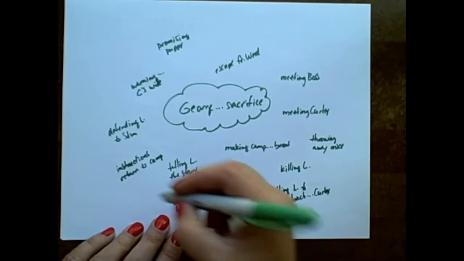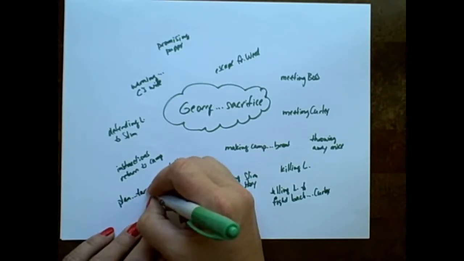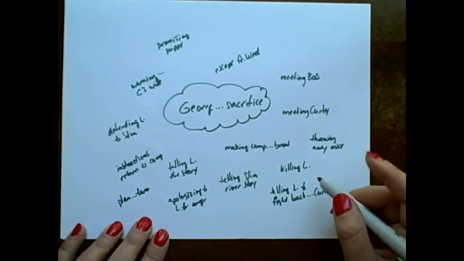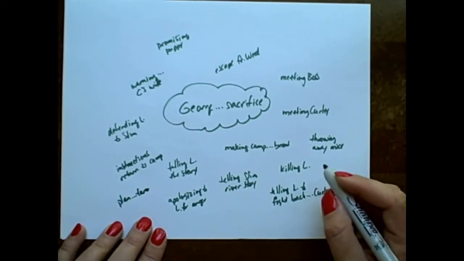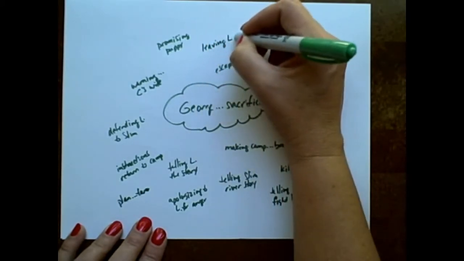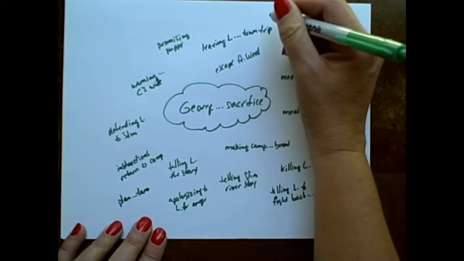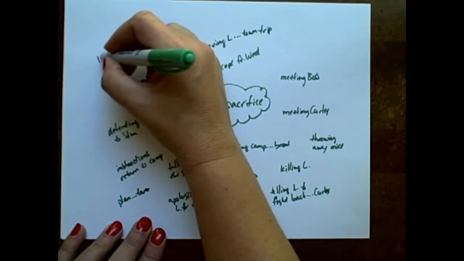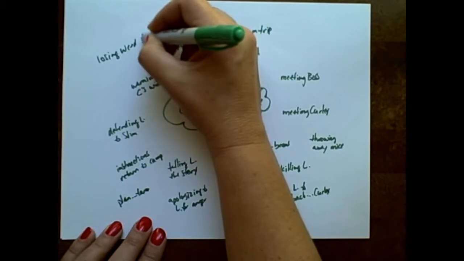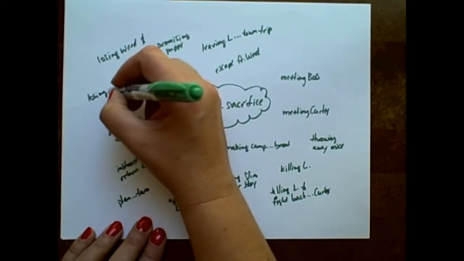Let's see. How about the plan to buy the farm? How about leaving Lenny in the bunkhouse when he went to town? Losing his weed money he would have made had he completed the job in weed. For that matter, losing his other jobs.